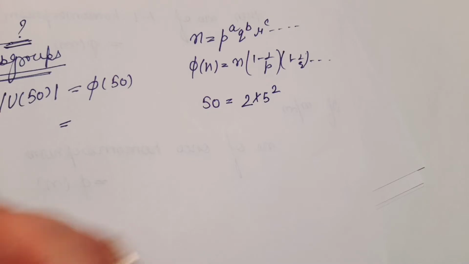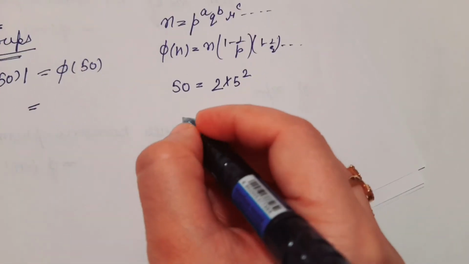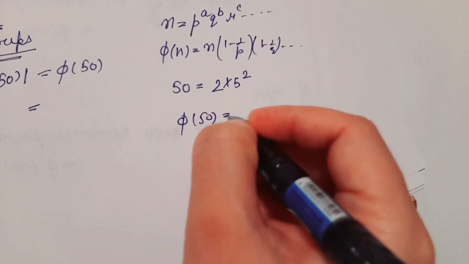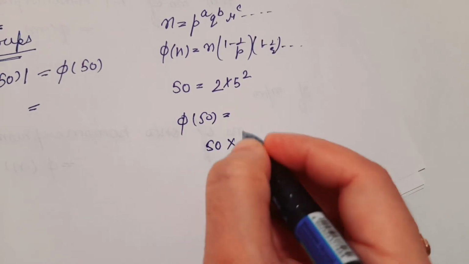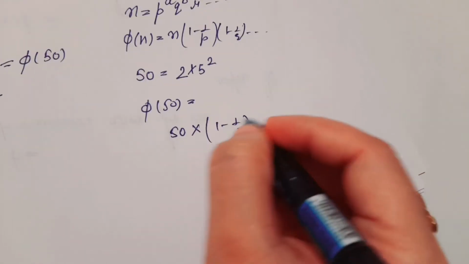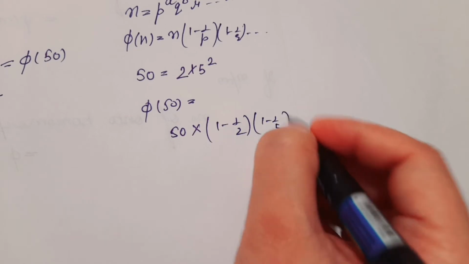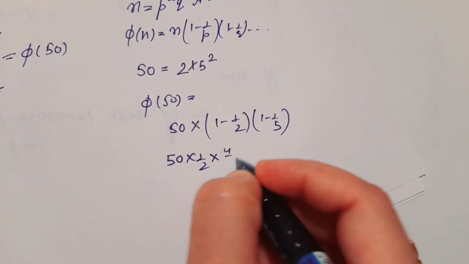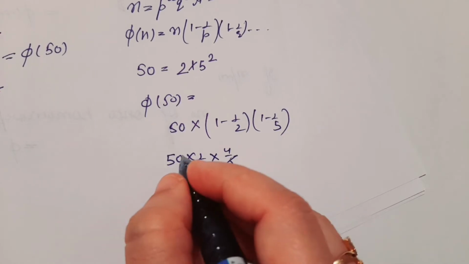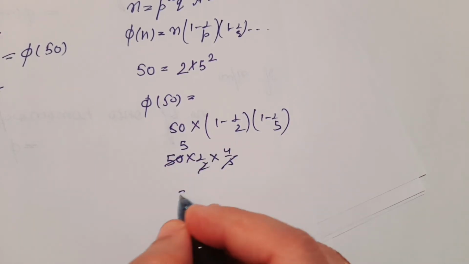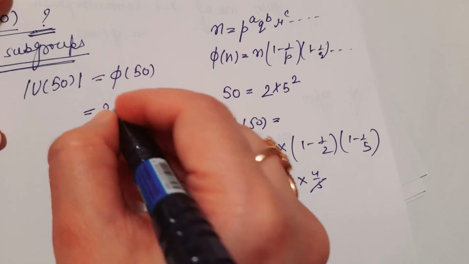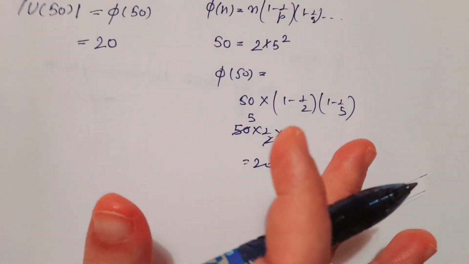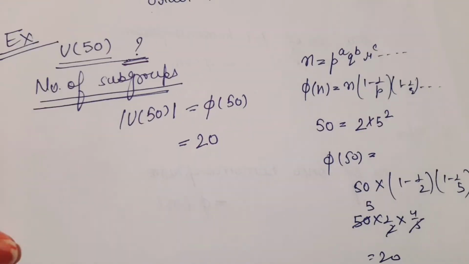So phi of 50 is equal to 50 into 1 minus 1 by 2, 1 minus 1 by 5. 50 into 1 by 2 into 4 by 5, that is 10, and this will be 5 into 4, so phi of 50 is 20. So the order of U50 is 20.